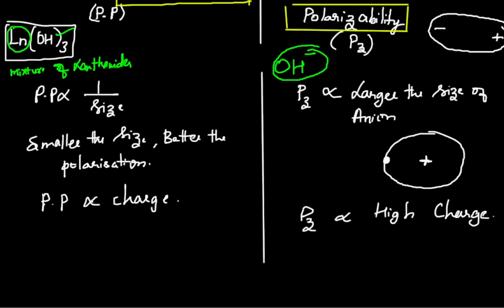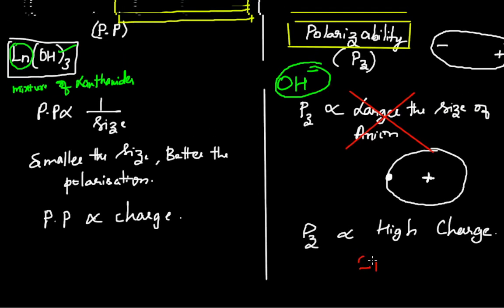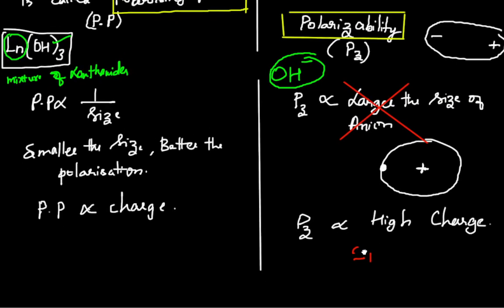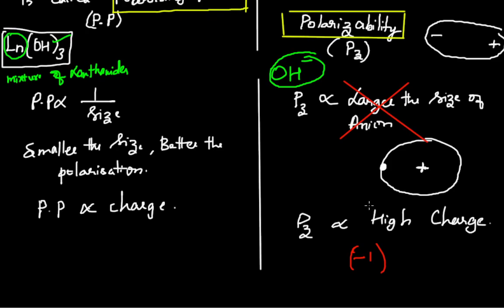I had to adjust the screen here. Now think about this. OH- is the anion here. So what are the differentiating factors? Look, this will not be the differentiating factor because the anion is the same here. The anion's charge is only minus one for every step, so that will not differentiate either. Polarizing power is directly proportional to the charge of the cation.